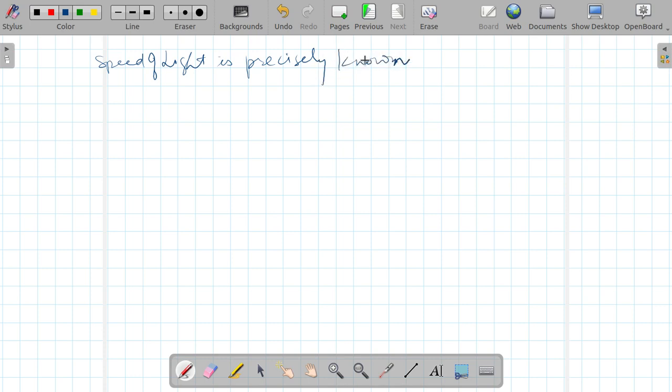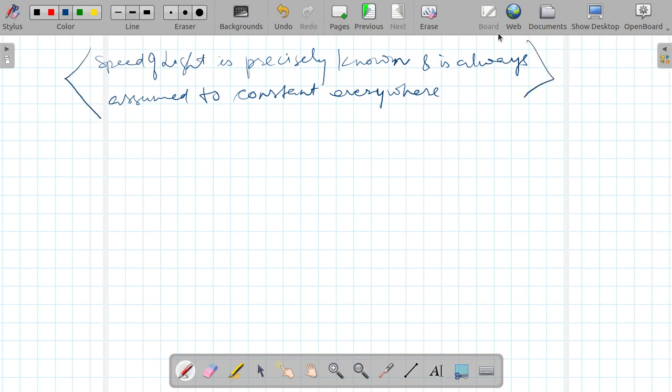This is one fact, and it is assumed to be always constant, everywhere, irrespective of space, no matter how the light is generated, and the direction of propagation. It is independent of everything, right? So it is always constant. This is the idea which Einstein took.